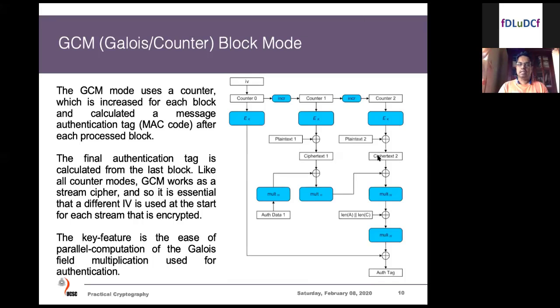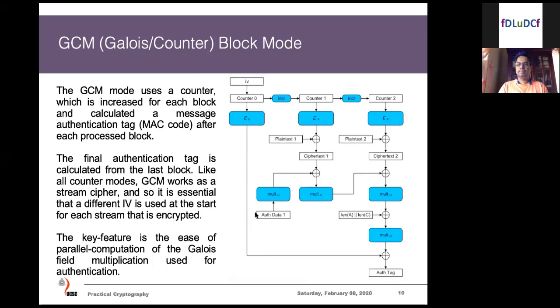In the Galois mode, what happens? Actually, they use counter mode, but at the same time when encryption happens, in this particular mode, they calculate what we call an authentication tag. That authentication tag is created using the same initial vector and the counter. There is an initial counter, and in order to generate that initial counter, we use the initial vector.